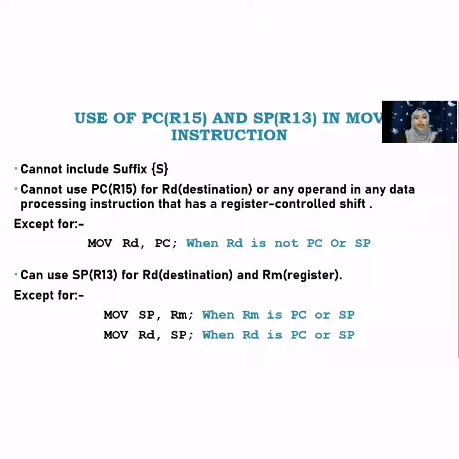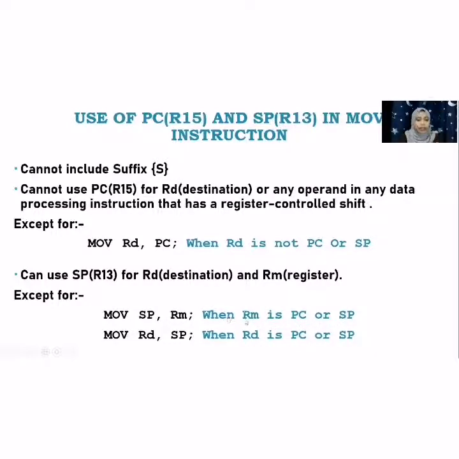Okay, meanwhile for SP or stack pointer, we can use it for the register destination, and also we can use it as RM, which is the register, except when we use the SP as the RD, the RM cannot be PC or SP.